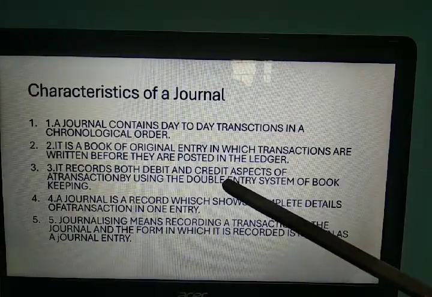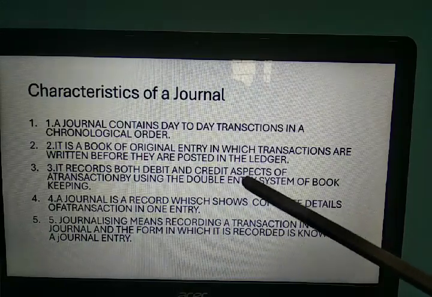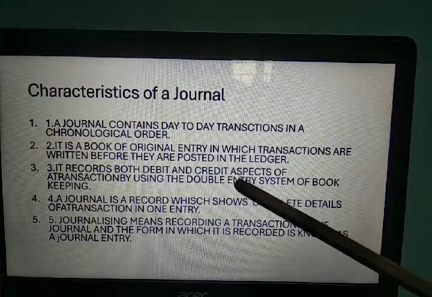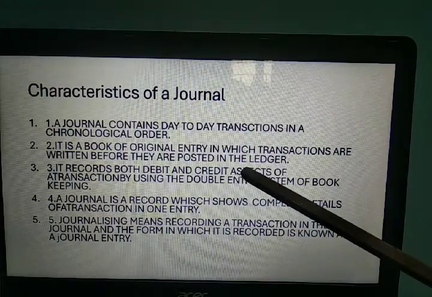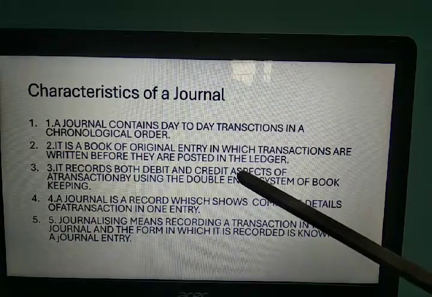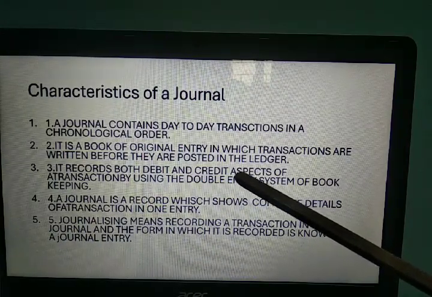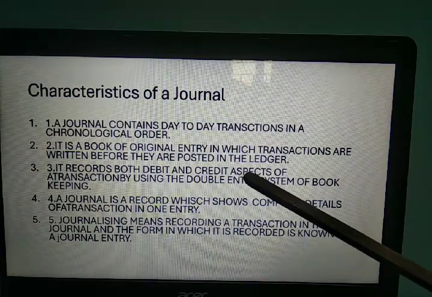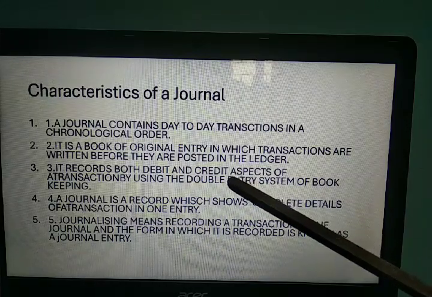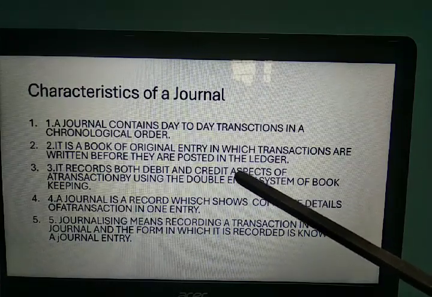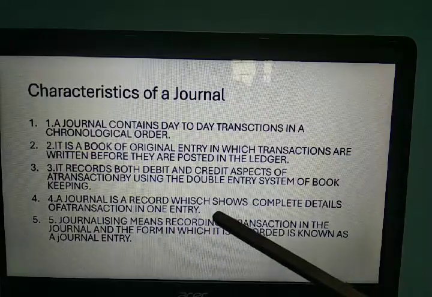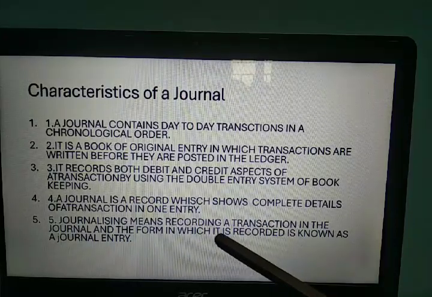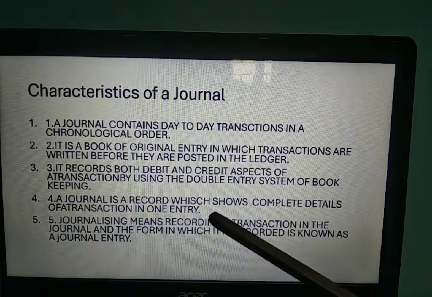Next point: it records both debit and credit aspects of transactions by using the double entry system. You understand that the basis of double entry is two sides. For any transaction, if one side is credit, definitely the other side must be debit. Similarly, if one side is debit, then the other side must be credit. Then, a journal is a record which shows complete details of transactions in our entry.